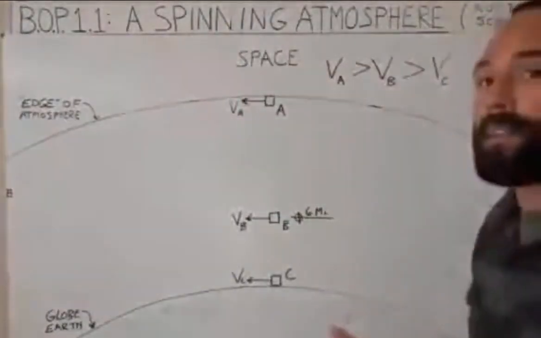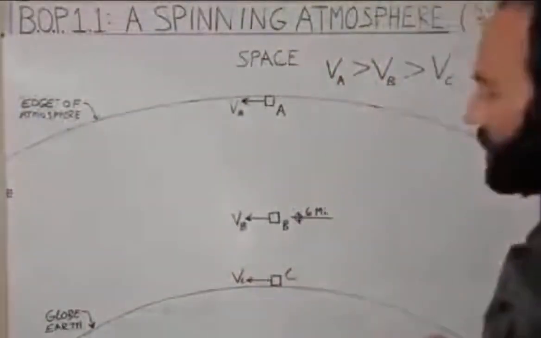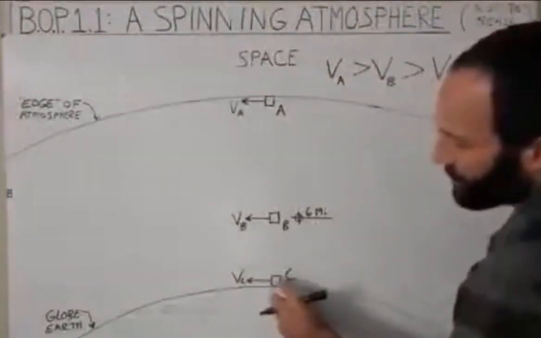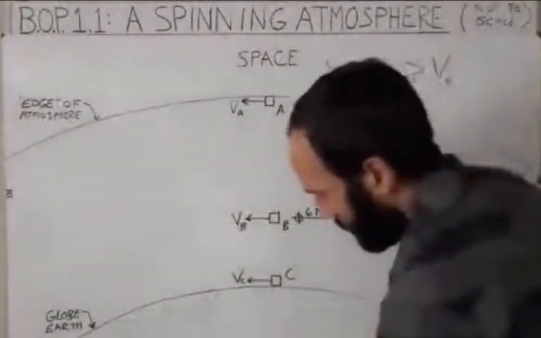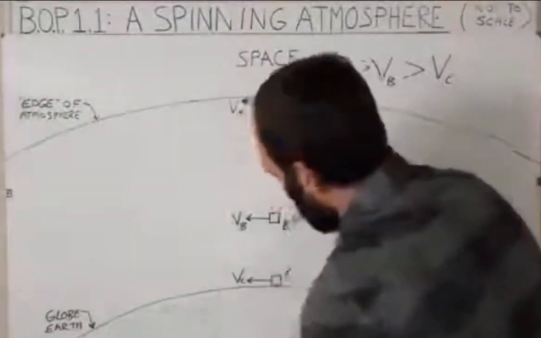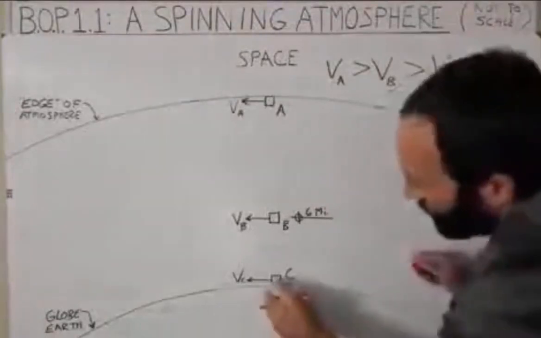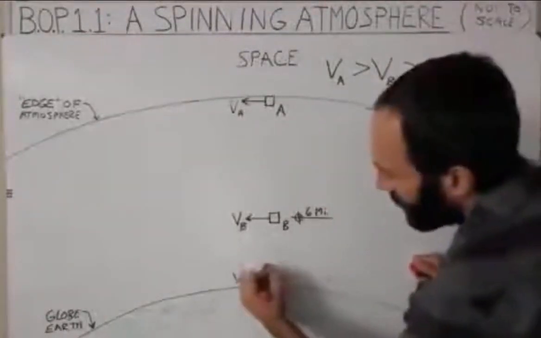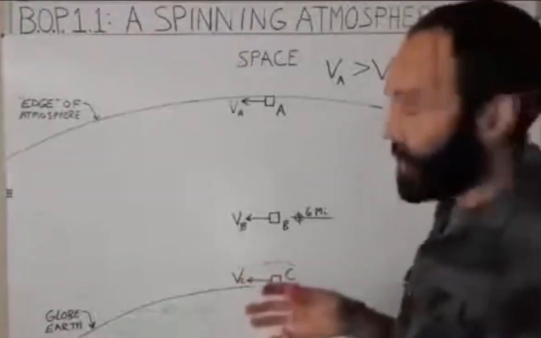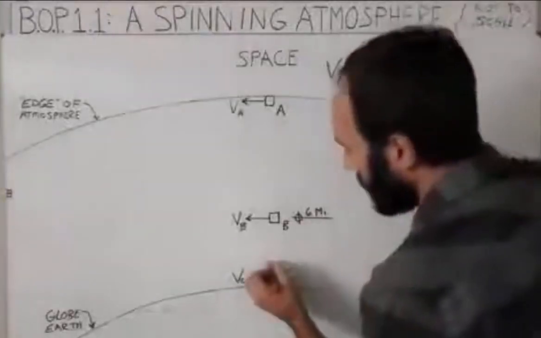And so the common explanation for how the atmosphere keeps up with the surface of the Earth is by friction between the air at the surface. Let me use a red marker for this. There's friction here pushing back on this cubic foot of air down here that's at the surface. And then that's transferred through internal friction, internal shear forces within the fluid, because air is essentially a fluid, okay?